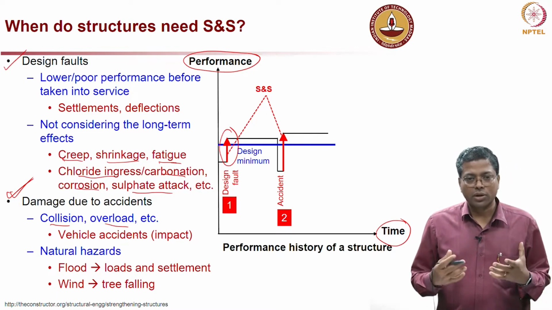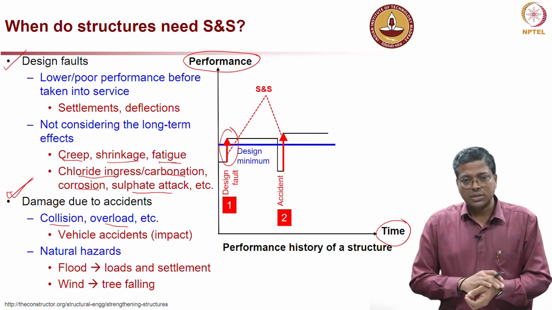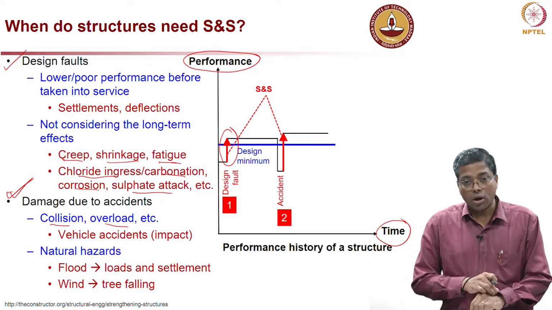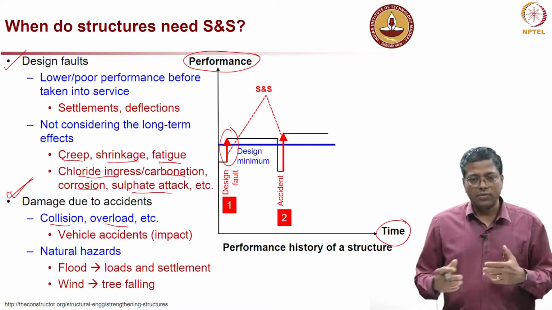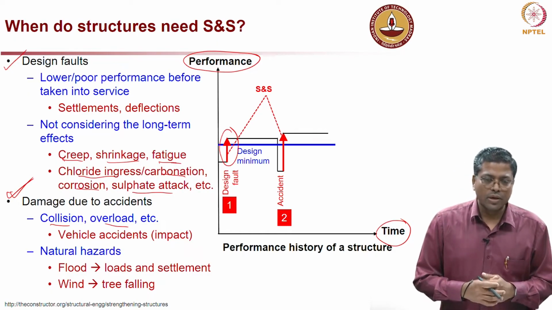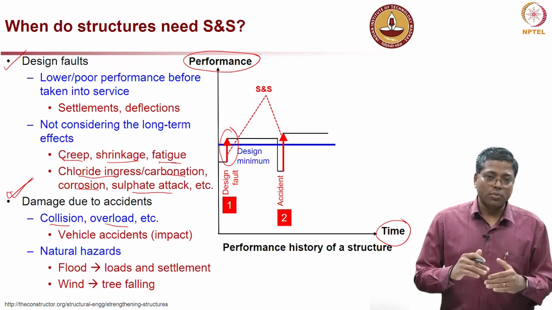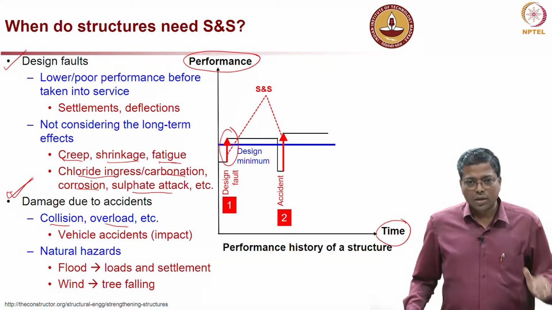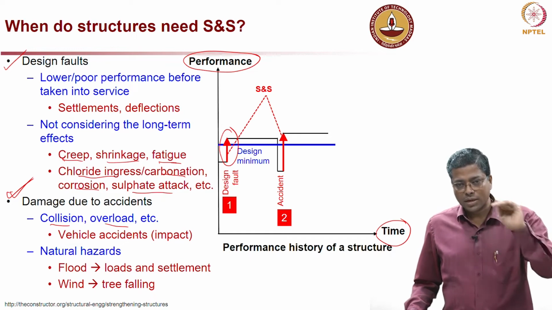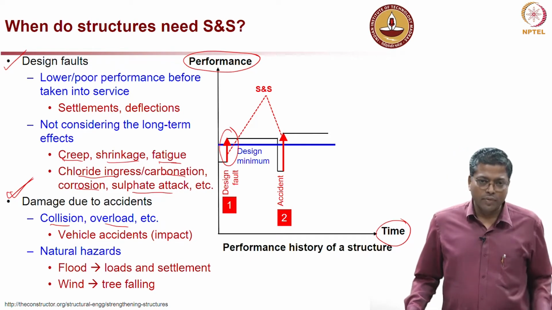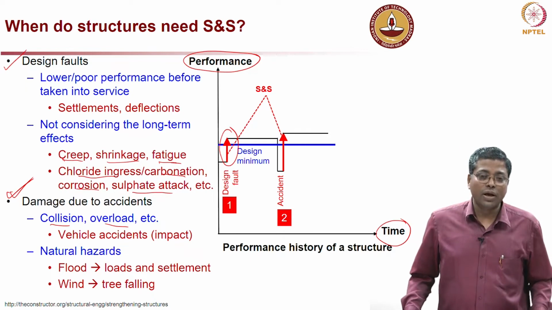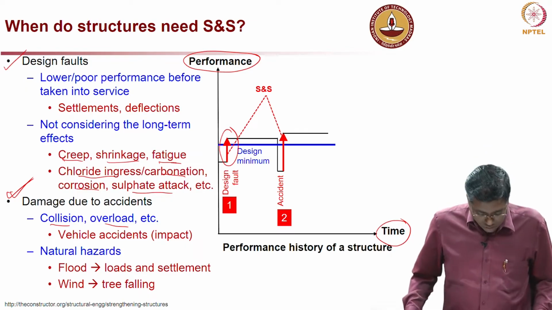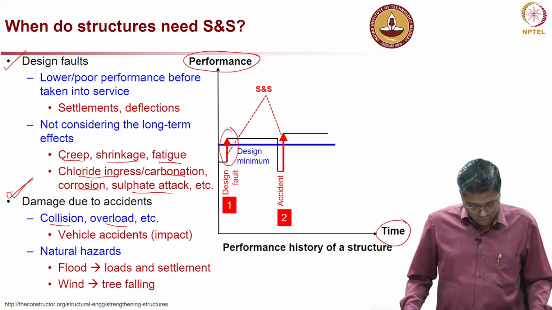If you are talking about a bridge, there are many cases where the bridge columns are hit by incoming vehicles. Or sometimes, if you have an overpass, you will see that the girders are hit laterally by a vehicle if its height is more than what is allowed.